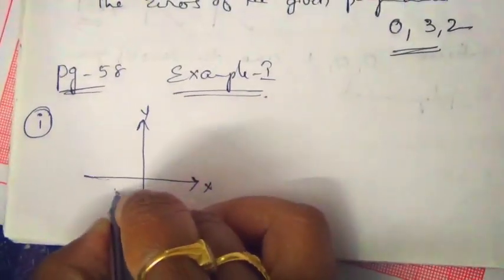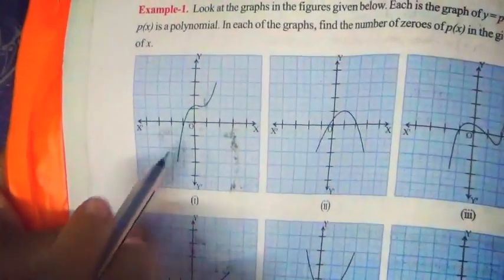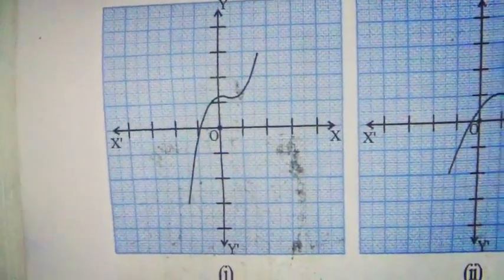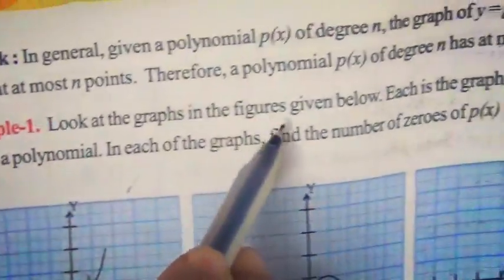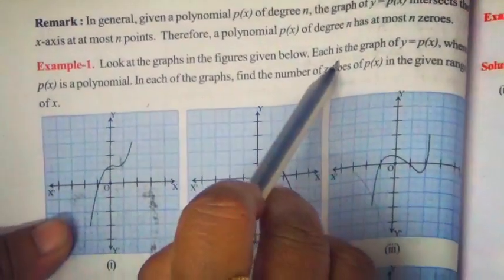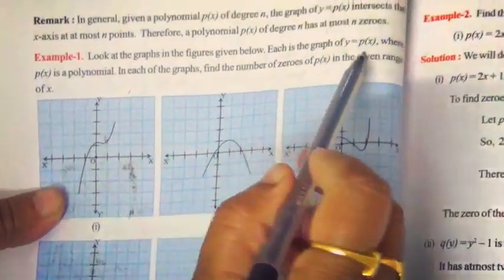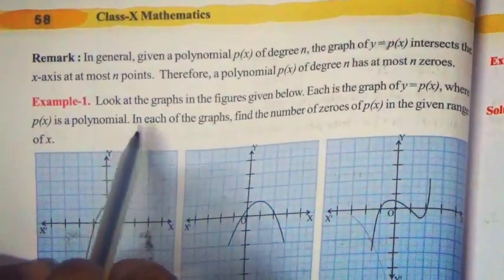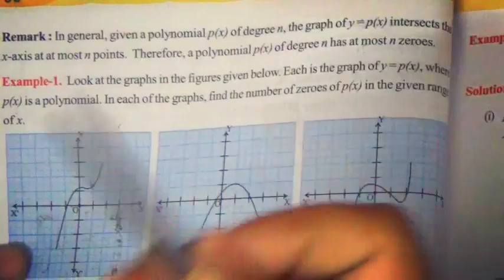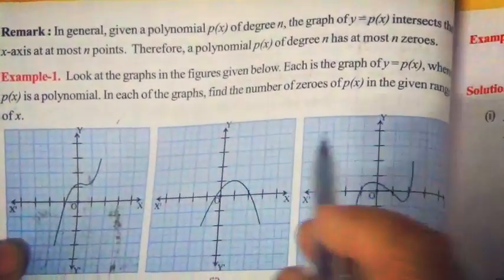How does the graph look? Like this. What is the question asking? Look at the graphs in the figure given below. Each is the graph of y is equal to p of x, where p of x is a polynomial. In each of the graphs, find the number of zeros.